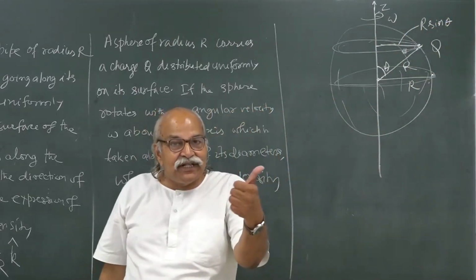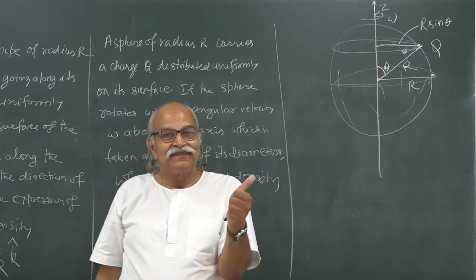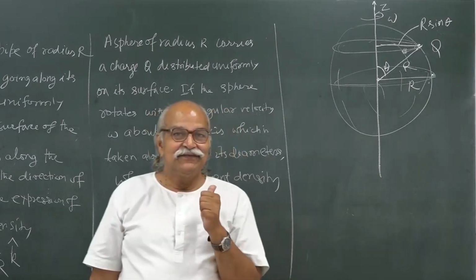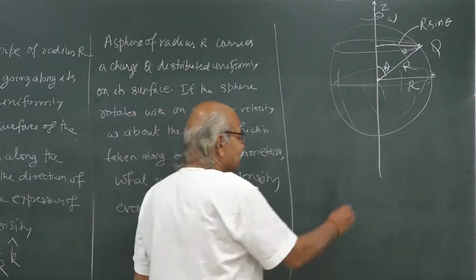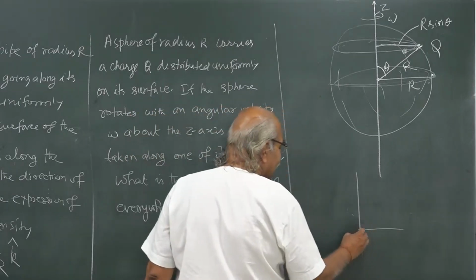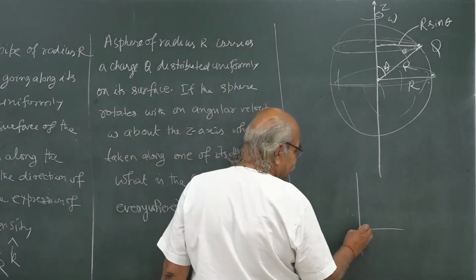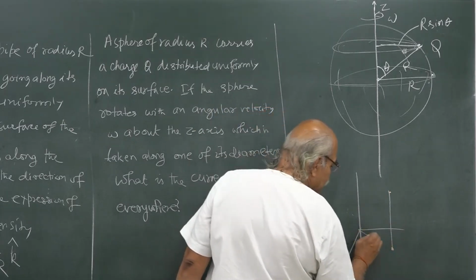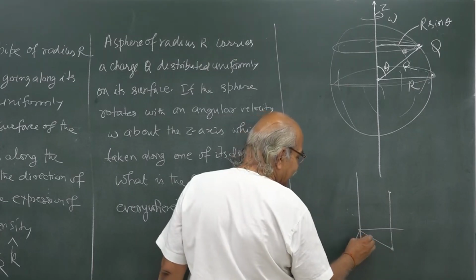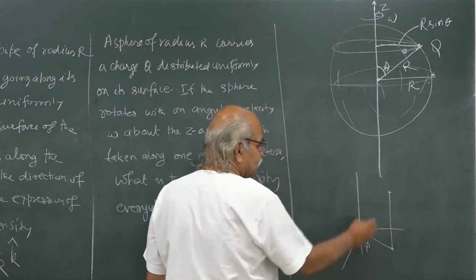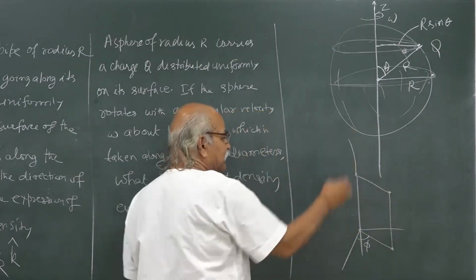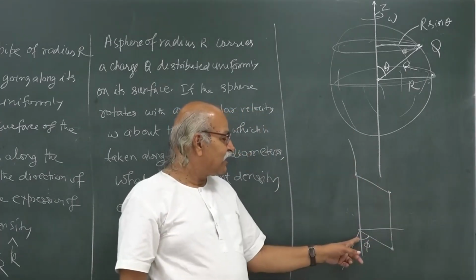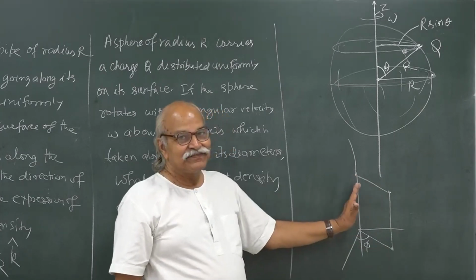And what is the direction in which this charge is moving? That is phi cap direction. In spherical polar coordinates, if you take some point, drop a perpendicular, then join here, and with the x axis the angle is phi. So, this plane is making angle phi with the xz plane.